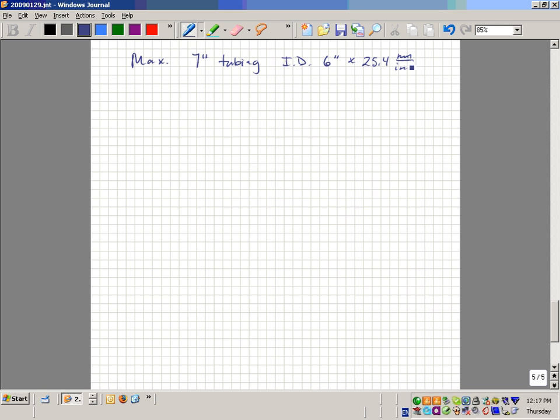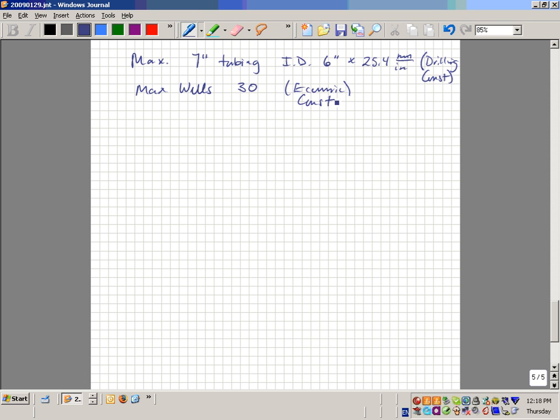And max wells is 30. That's some kind of economic condition, or some kind of drilling constraint, an economic constraint.